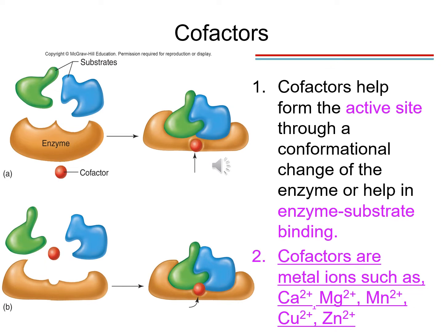So when the bonding between the substrates or reactants and the enzyme is stronger, facilitated by this cofactor, the function of the enzyme is even better and the product is even more precise.